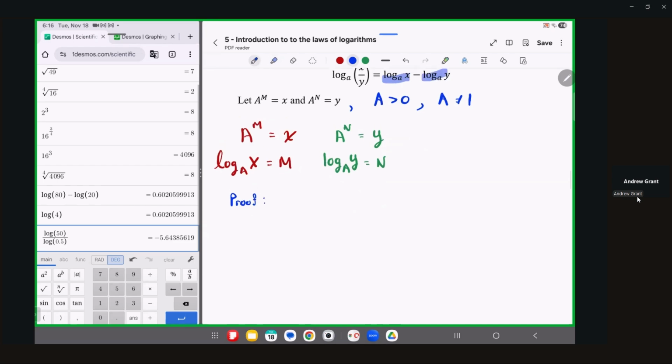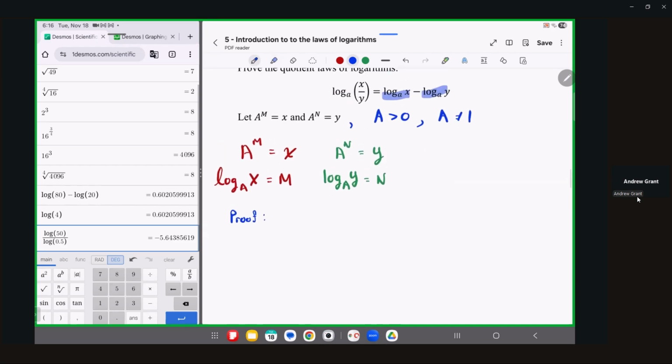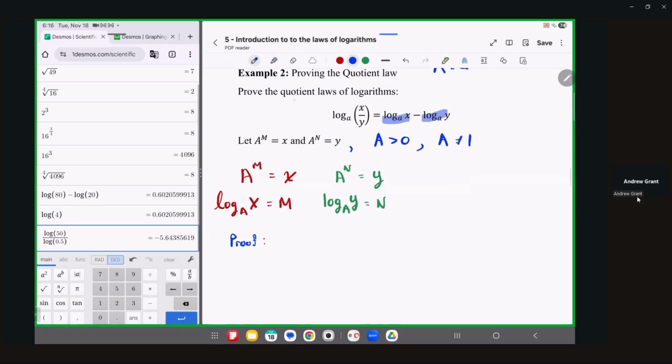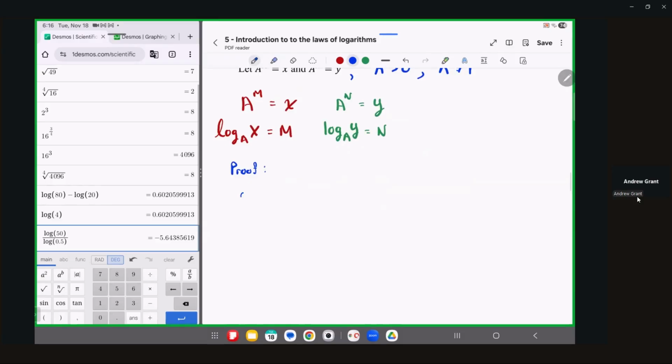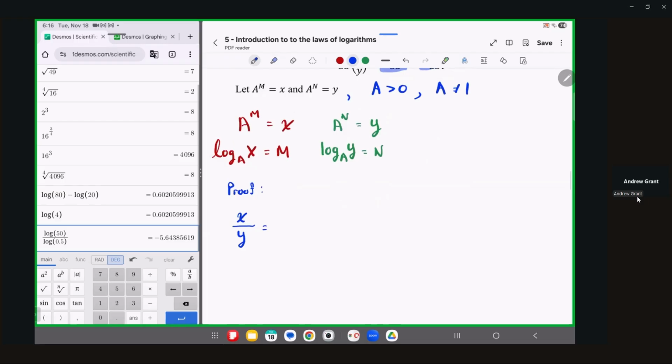Okay, so the first thing we want to do, since we're talking about a quotient, is divide these things. So here, let's take x divided by y. Well, what is x supposed to be? x is supposed to be this a to the power of m, so we'll write this down as a to the power of m. Now, what is y supposed to be? y is supposed to be this a to the power of n.